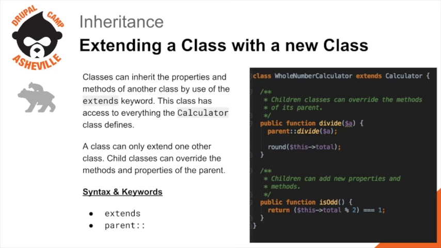And so to access from within our child class its parent without it being an instance, we use this accessor. The keyword is parent, which it just knows. This is the keyword that means whole number calculator. Parent is the keyword that means the class that this is inheriting.